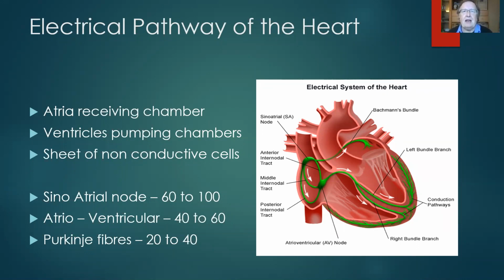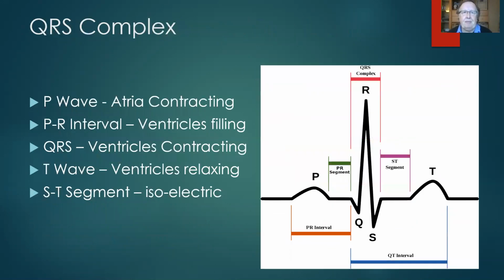Okay, moving on to the next slide. Here we have the QRS complex. The P wave, the first little bump, is the atria contracting or depolarizing, as they like to call it in big school.